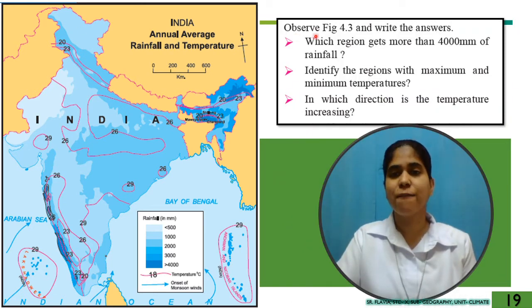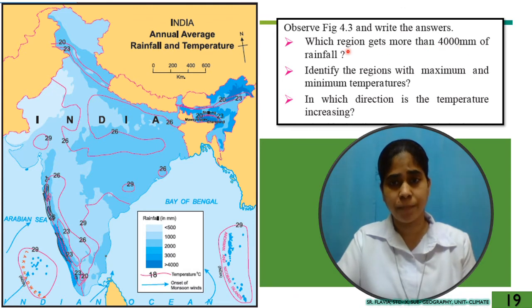Observe figure 4.3 and write the answers. First question: which region gets more than 4,000 millimeters of rainfall? If you look at this rainfall scale, the darkest shade of blue shows you that this region gets more than 4,000 millimeters of rainfall.